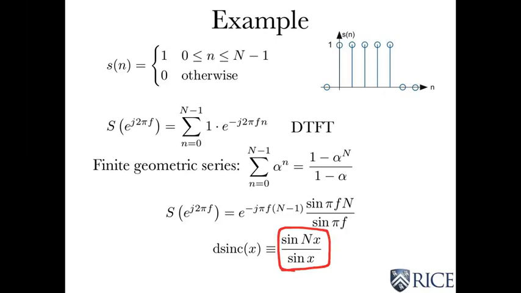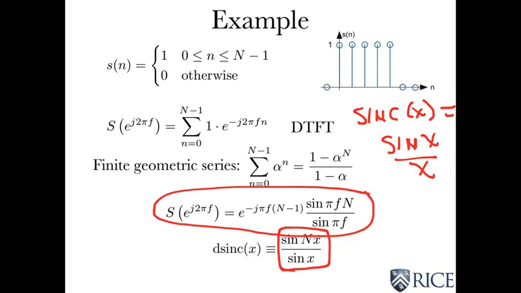When we were doing analog things, we had the sinc function, which equaled sine x over x. So you can see these are very closely related. They're going to look very similar, with the difference that because this DTFT must be periodic in f, that's basically why the sine is in the denominator. It makes everything periodic and over the right period. So everything's fine. So anyway, this is our DTFT of our constant signal.